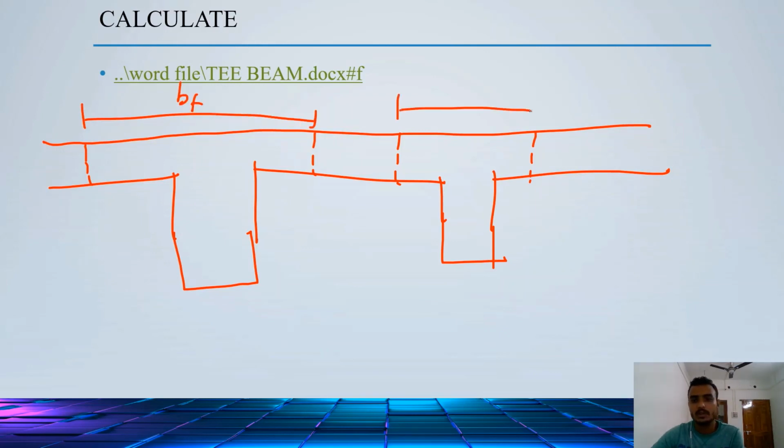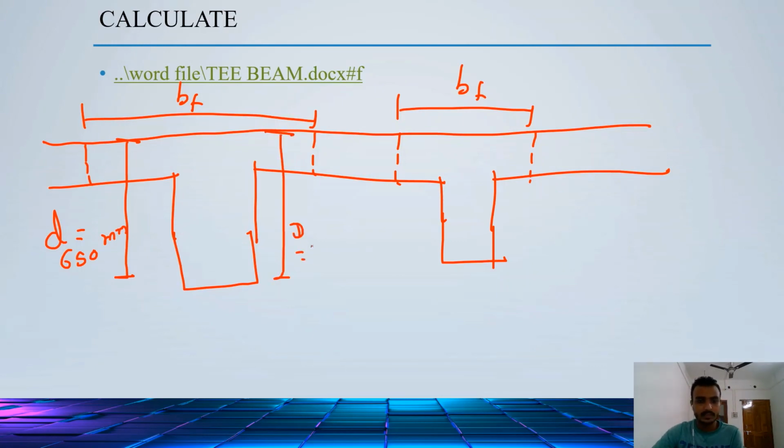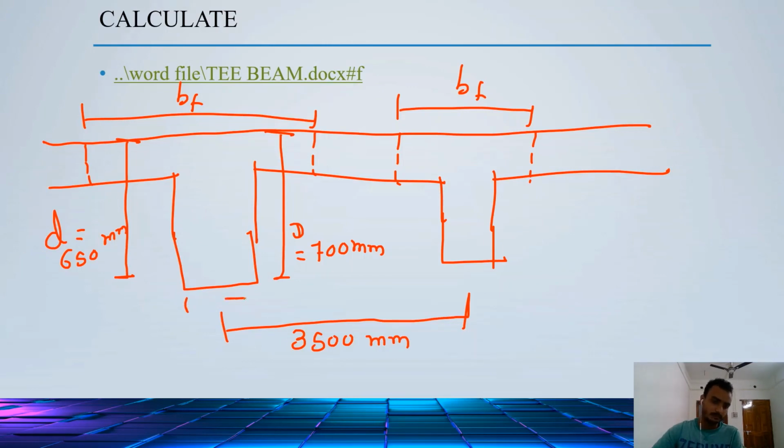Effective depth, small d, is 650 mm. Overall depth, capital D, is 700 mm. Spacing is 3500 mm.